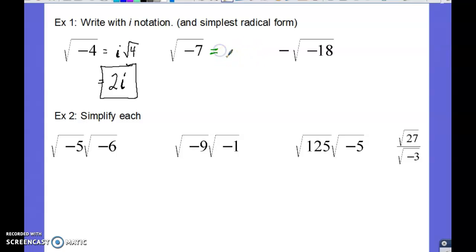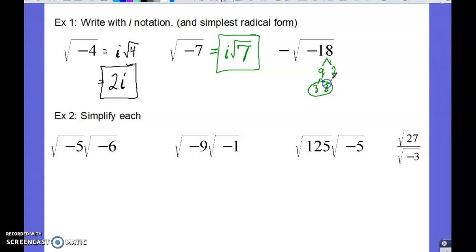As I look at the next one, you'll also notice that I put my i's in front because I like to distinguish between where the square root is and where my i is. But we don't know the square root of 7, so we just leave our answer like that. Whereas if I look at the next one, we can break down 18 as 9 and 2. 9 breaks down as 3 and 3.